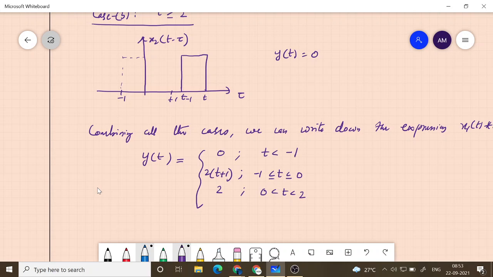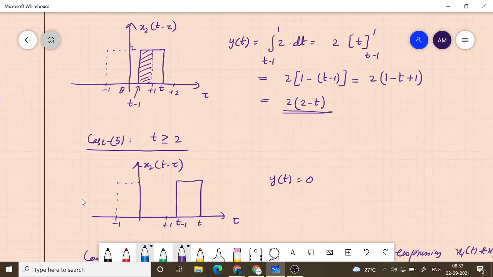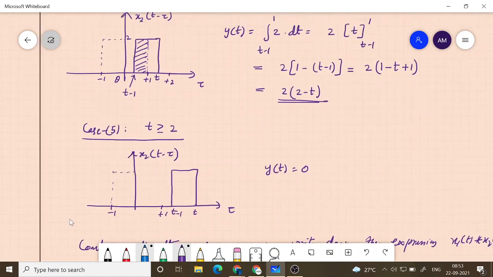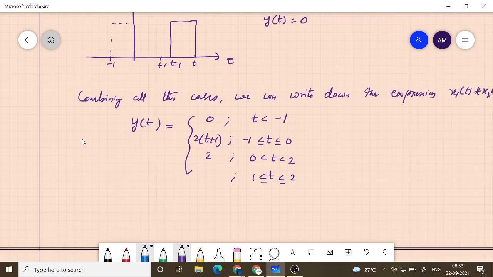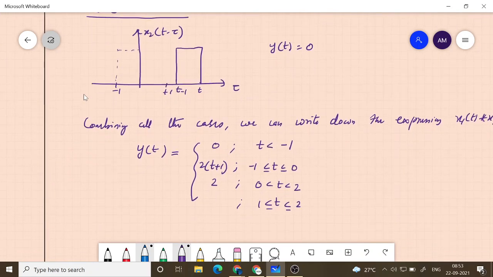And the fourth case, we had 2 into 2 minus t, when t is from 1 to 2.